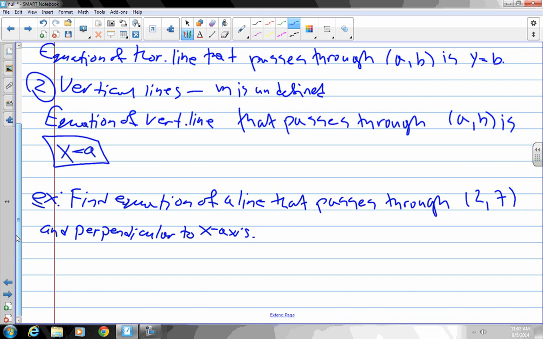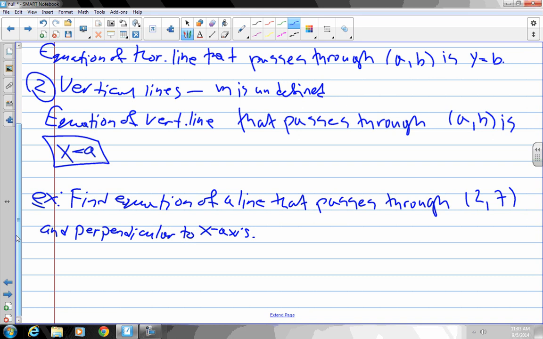So can you find the equation of a line that's perpendicular to the x-axis and passes through the point (2, 7)? What would that be? No, because y equals 2x would be a line with slope 2 passing through the origin. X equals what? 2.